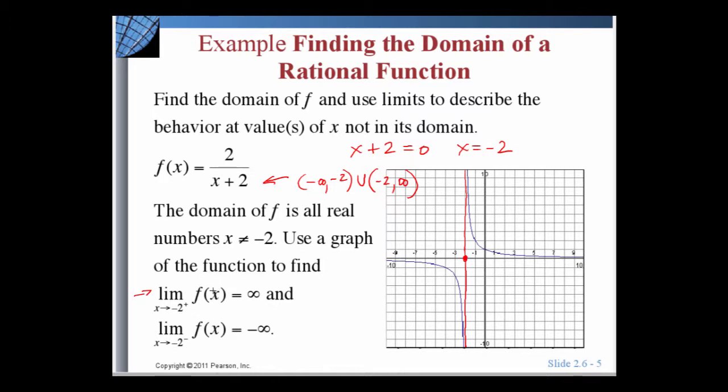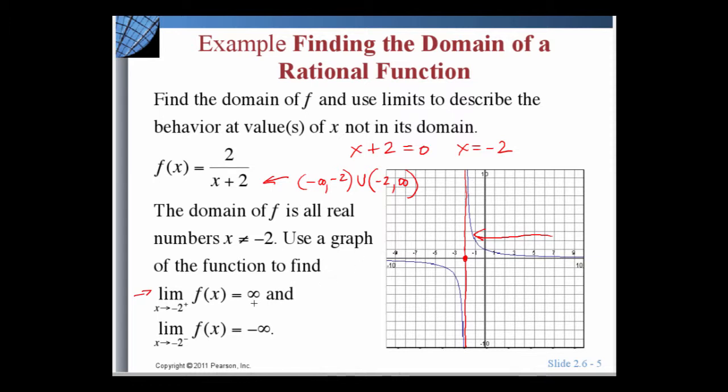Well, if we trace along f as we approach -2 from the right, the graph is going up. And it's going to continue going up as we get closer and closer to -2 from the right, increasing without bound.